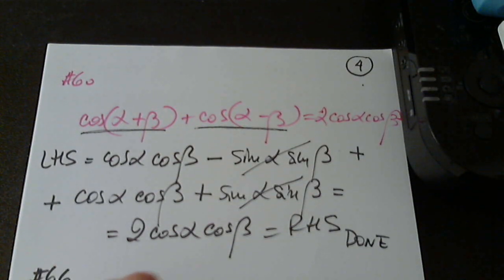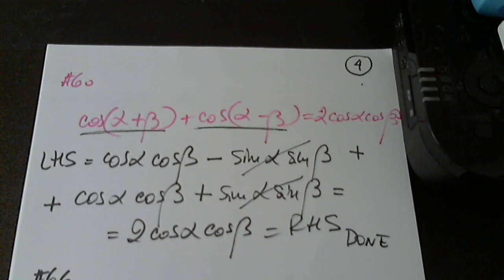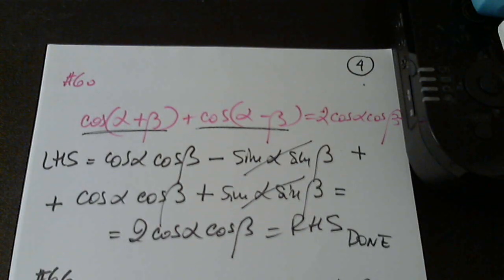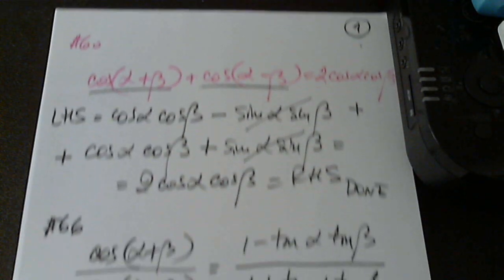In 66, we have cosine alpha plus beta divided by cosine alpha minus beta. They say that this is 1 minus tangent alpha tangent beta over 1 plus tangent alpha tangent beta. Okay. Which side would you like to start with?